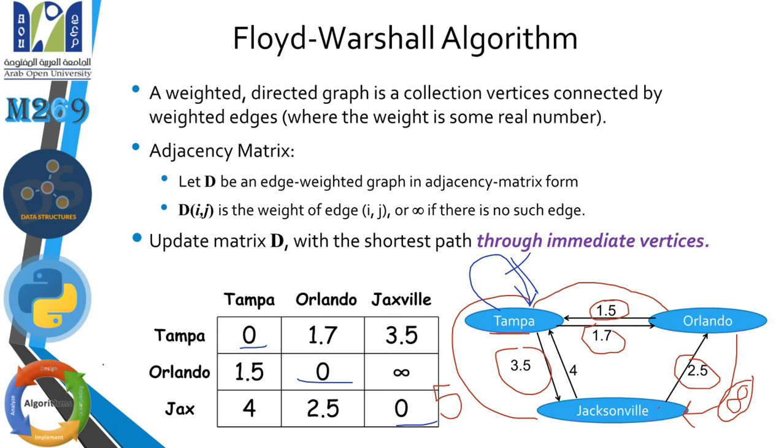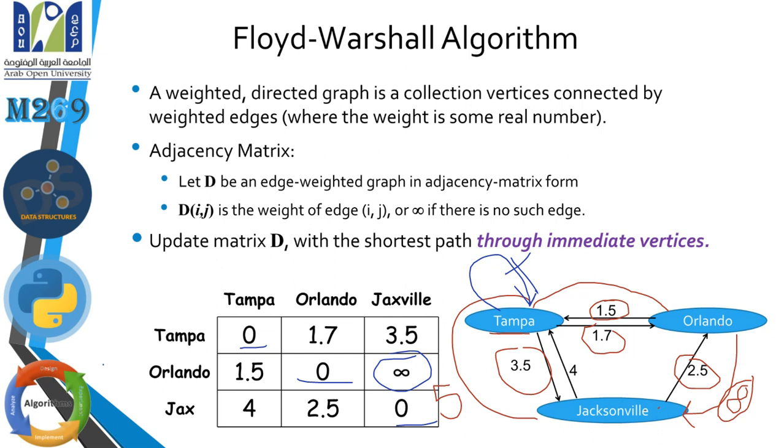So the diagonal must always be 0 if you have no cycles or self-calls. Since I don't have a pathway from Orlando to Jax, I have infinity here, indicating there is no direct path from Orlando to Jacksonville.